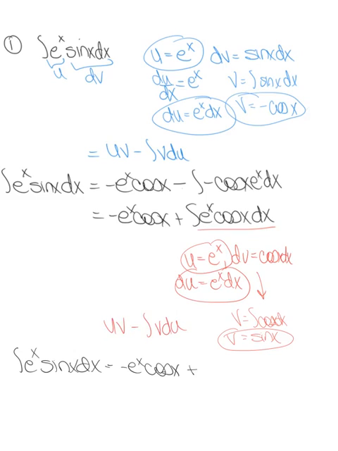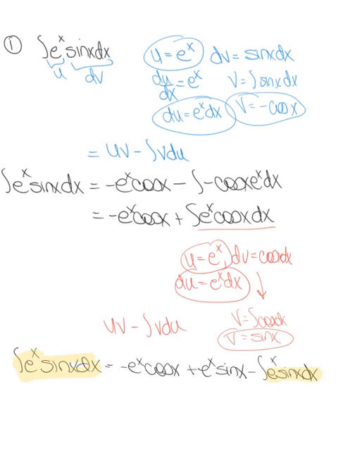So let's put those parts in. u times v here is going to give me e to the x sine of x, and then minus the integral of v du, which means minus the integral of, and let me write it this way, e to the x sine of x dx. I did that so that we could easily recognize that we do indeed get back to the same integral that we started with.